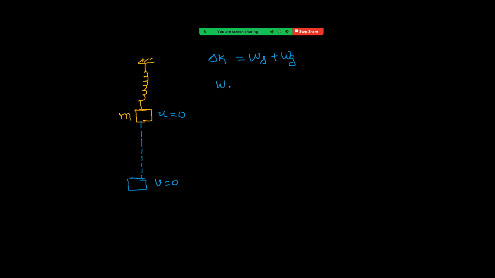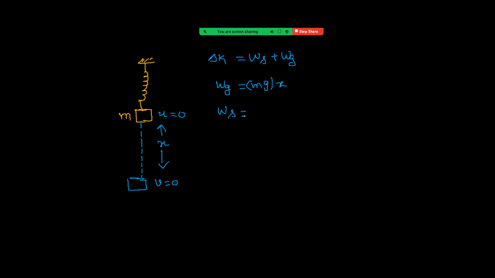For the work done by gravitational force, the force is constant, so mg. If it moves down by a distance x, then displacement is x downwards, and gravitational force is also downwards. Therefore, work done by gravity is positive. Now focus on work done by spring force.